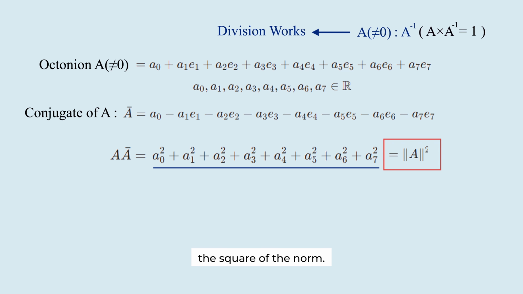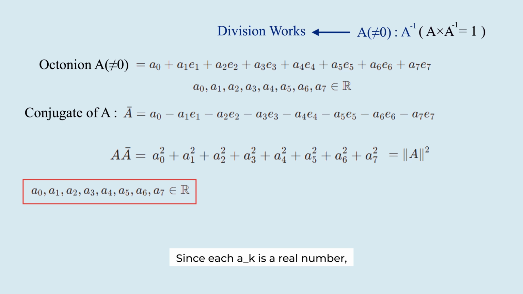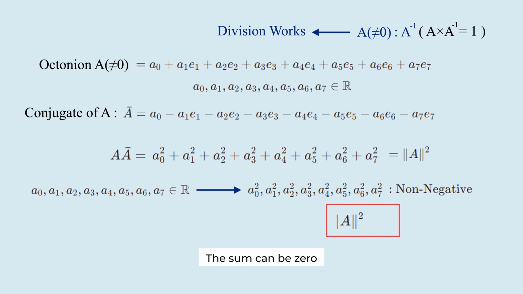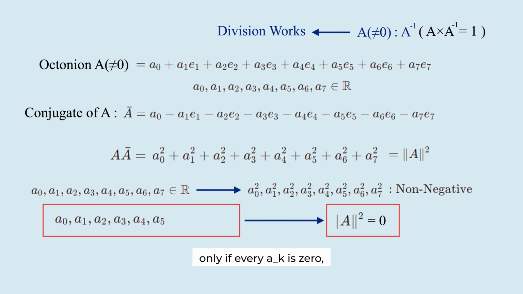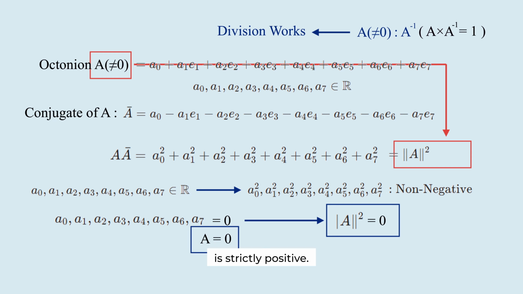This is called the square of the norm. Since each ak is a real number, every term ak squared is non-negative. The sum can be 0 only if every ak is 0, which means a itself is 0. But we assumed a does not equal 0. Therefore, the square of the norm is strictly positive.